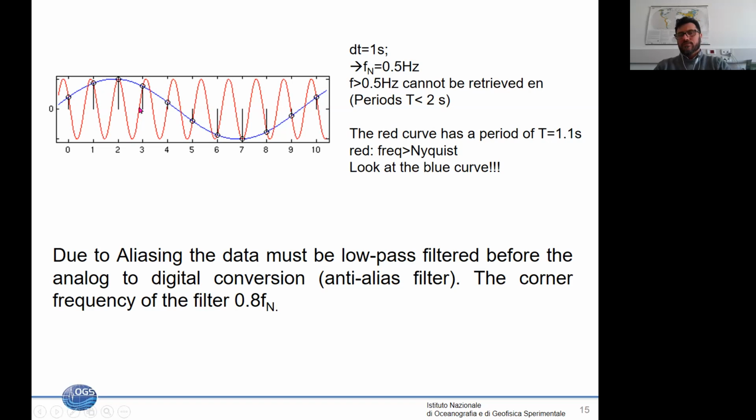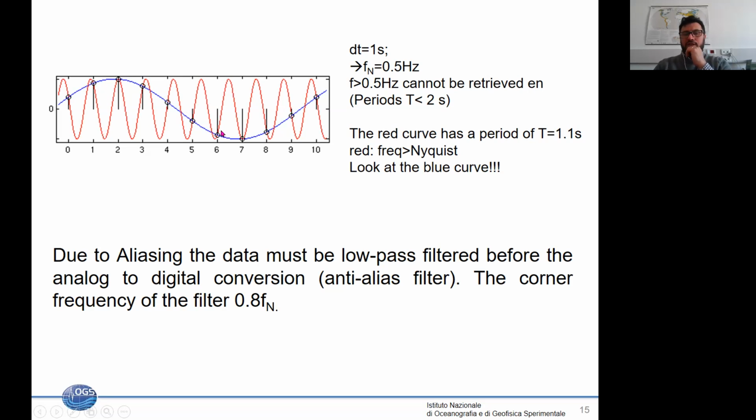You see? If I'm not taking enough samples, depending on the sampling rate, I can be completely wrong in retrieving the original signal. So the sampling frequency should be at least double the frequency that I have in my original signal.